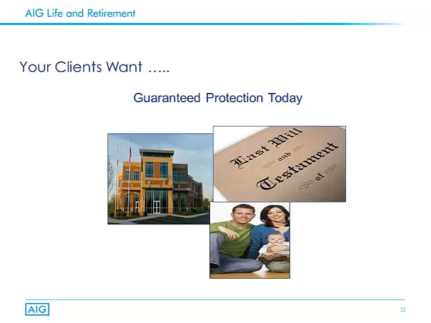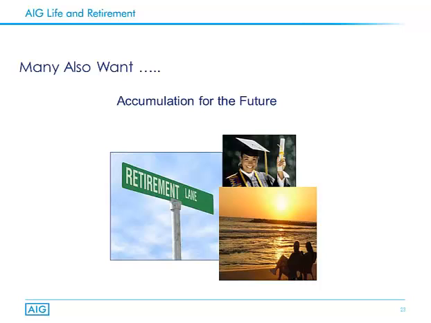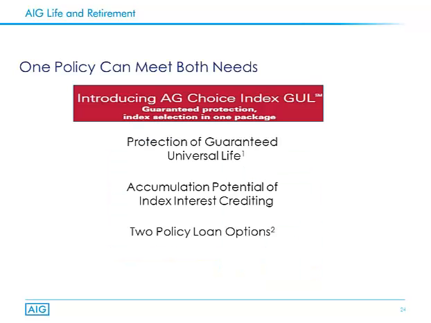What happens with this product is it also offers index crediting for some upside potential. And that's the beauty of this product. Typically, I find it costs about 15, maybe 20% more than the Secure Lifetime GUL, but for that additional 15 or 20%, the client, rather than seeing crediting based on a fixed account, puts it into these index crediting accounts so that should these indexes perform well, then the cash value will also grow.